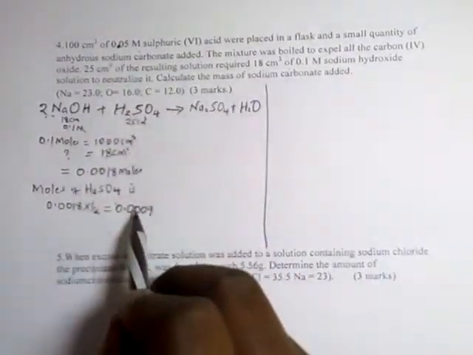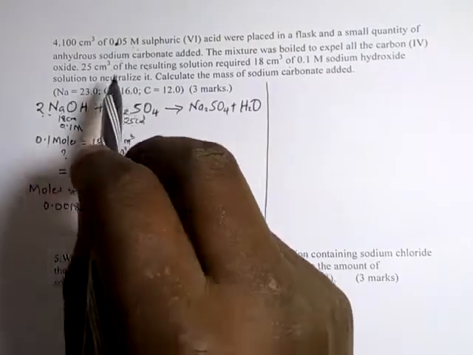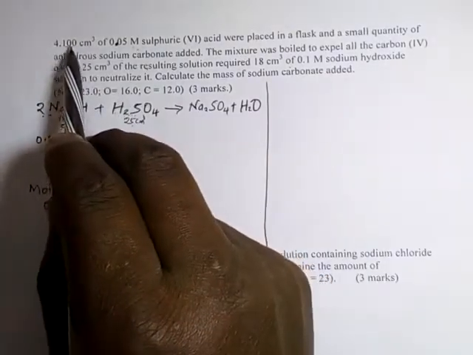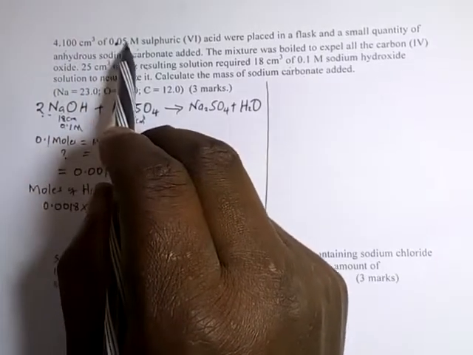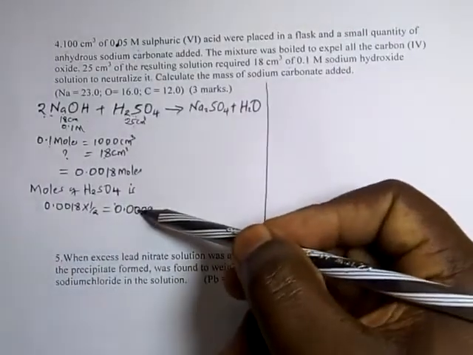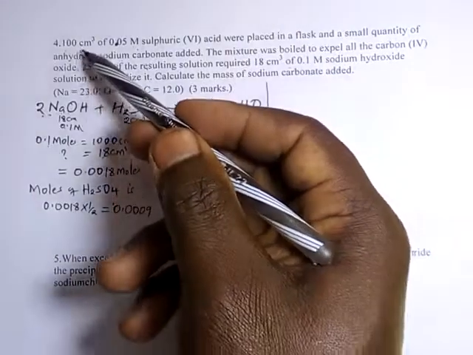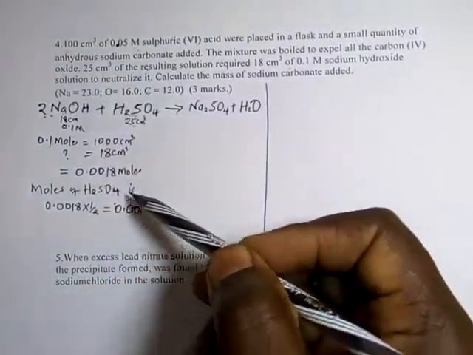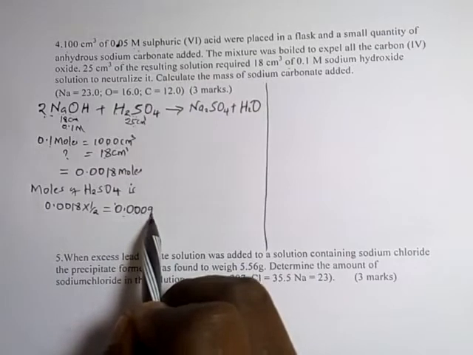But now this is the number of moles which is in 25, right? Now we remember 100 centimeters cube of 0.05 molar sulfuric acid was used. Therefore, for us to compare the excess acid with the original acid, we must get the number of moles in 100 centimeters cube of the excess acid. This one is the number of moles in 25 of the excess acid.